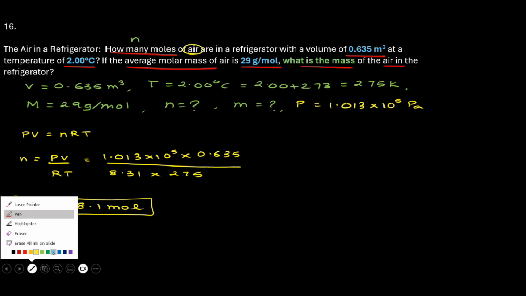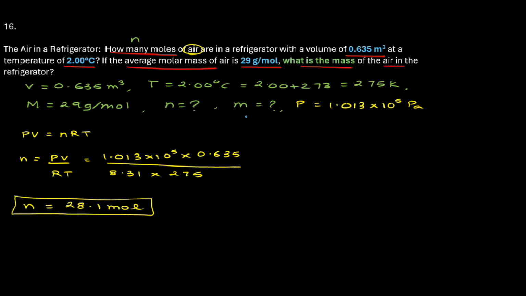In the second part, they want us to find the mass of the air. Now there is a relationship between the molar mass capital M, the number of moles N, and the mass of the gas small m. And that is N equals small m over capital M. If I want to find the mass of the gas, I just have to multiply my molar mass with the number of moles.